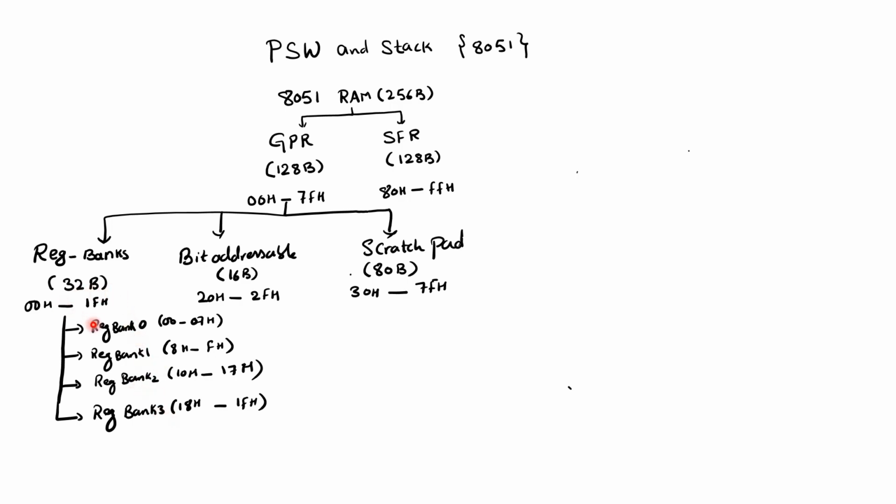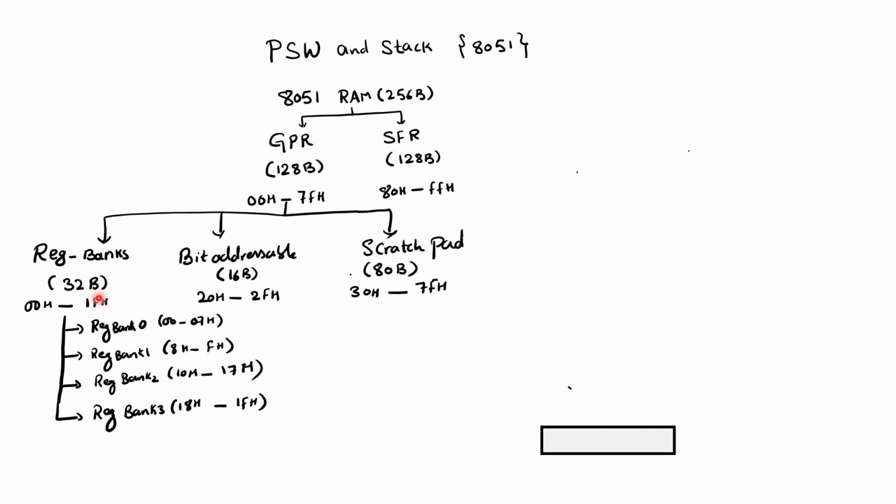The total address range of the register banks, 00 to 1F, is partitioned as 00 to 07 for register bank 0, 08 to 0F for register bank 1, 10 to 17 for register bank 2, and 18 to 1FH for register bank 3. This is how we construct the register banks.